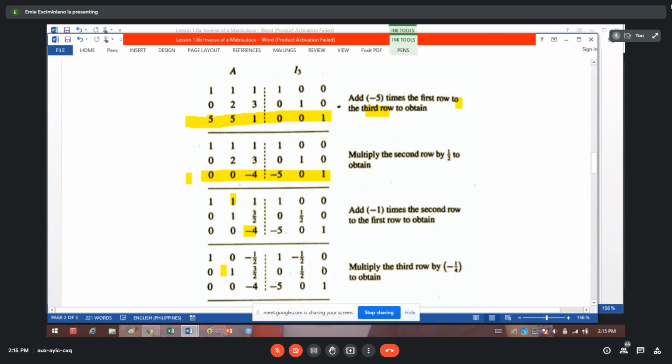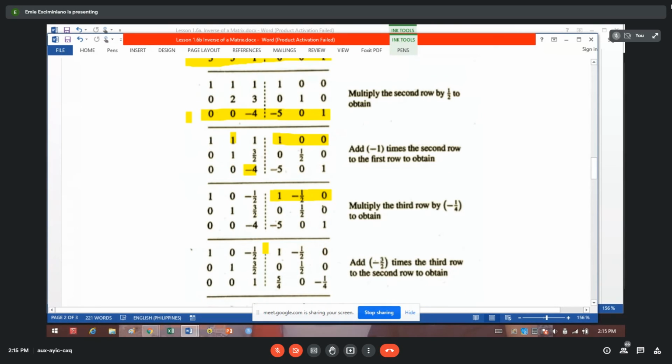And then, so it becomes 0. Damay na lahat. Diba? Nagbago na yan. Okay? And then, susunod, ginawa itong 1 by multiplying the third row by negative 1/4. Again, nagbago lahat yung entries. From negative 4, negative 5, 0, 1, ito na.